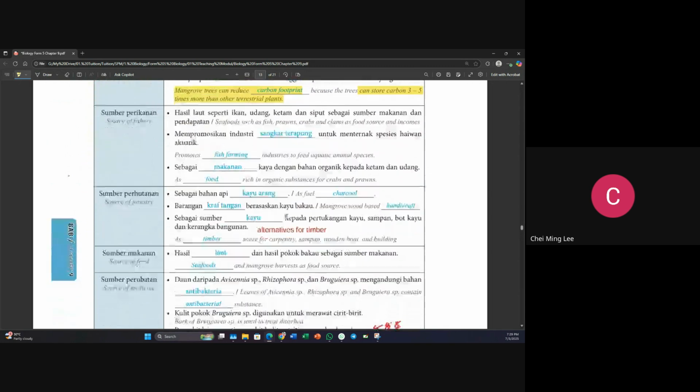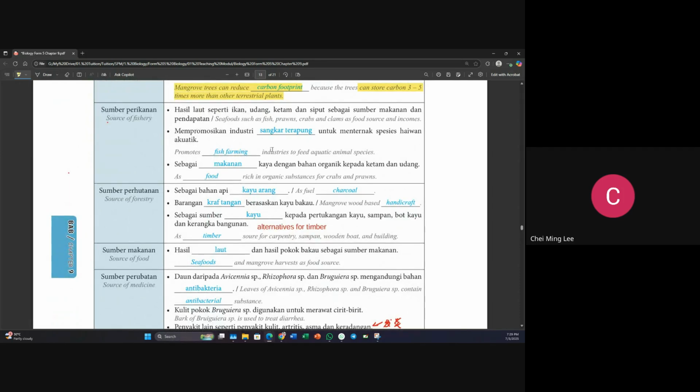And then, as a source of fishery, we have seafood like fish, prawns, crabs, and clams. Clams are the shellfish, the ones with shells, and they are part of the clams as well. And then they help to promote the fish farming industry.